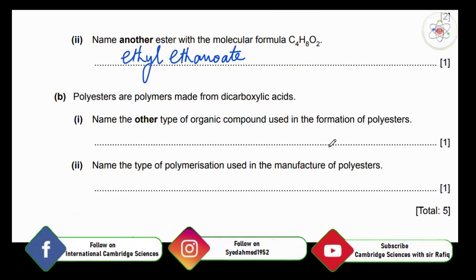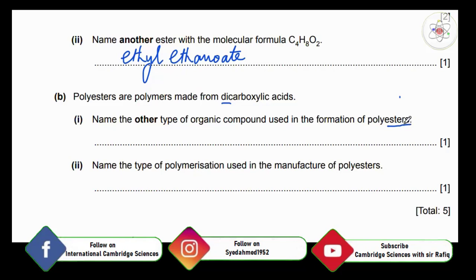B part of this question: polyesters are polymers made from dicarboxylic acid, meaning there are 2 carboxyl groups attached in the molecule, 1 carboxyl at one end of the molecule and the other carboxyl group at the other end, right? So name the other type of organic compound used in the formation of polyester. So polyester has ester linkage between the monomers, right?